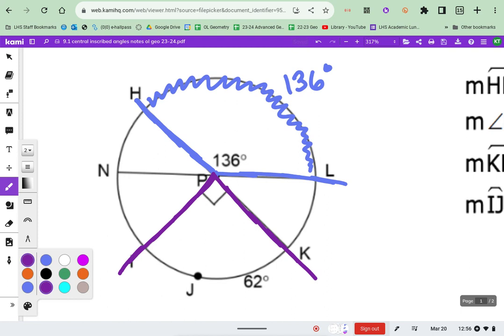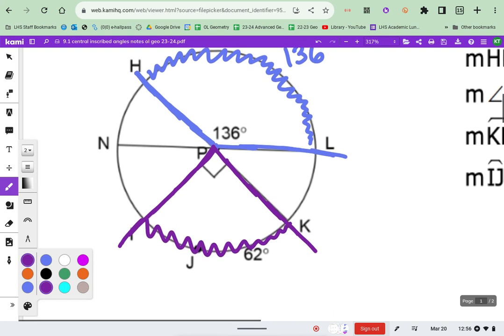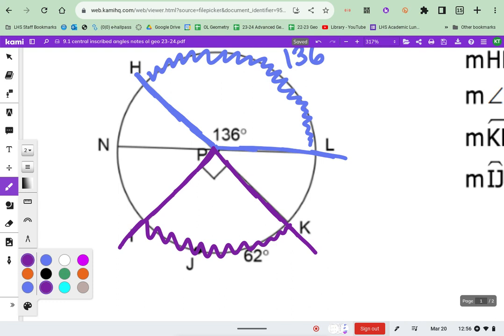So the 62 goes from J to K. But the whole thing is 90. So the I to J would be 20. Yes, good. So the whole thing is 90, because that's everything in between the angle arms. If this is 62, well, 90 minus 62 is 28. That leaves us 28 for the little piece over on the left side. So from I to J is 28, because the whole thing was 90.